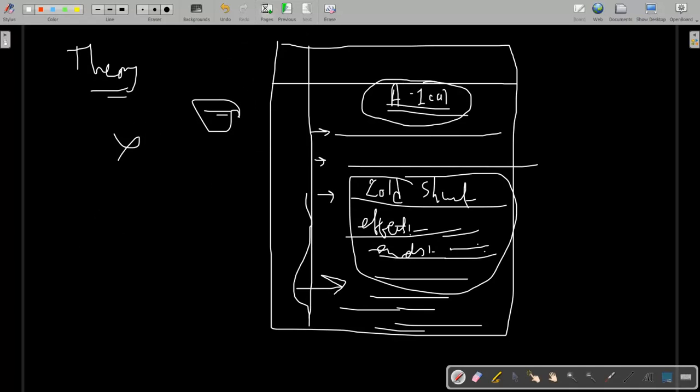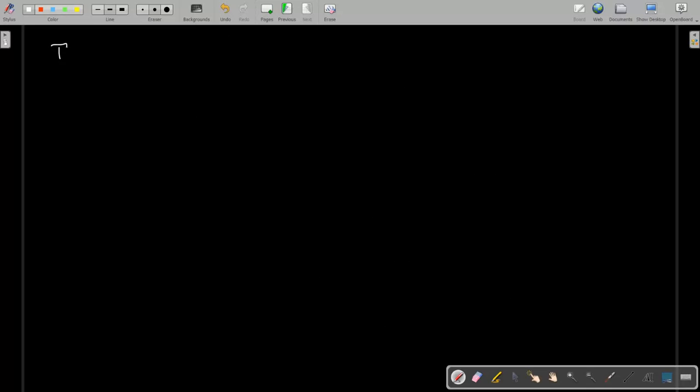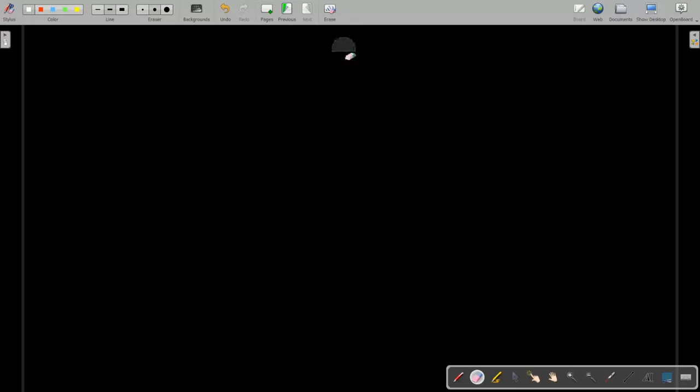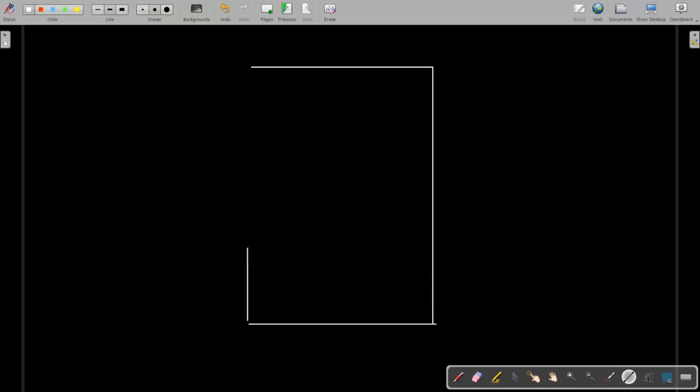The second thing is a theory question with a figure. So what to do? Let me draw the page again. This is the page, and if you find theory plus figure, give the answer number in the middle, answer number 1B.